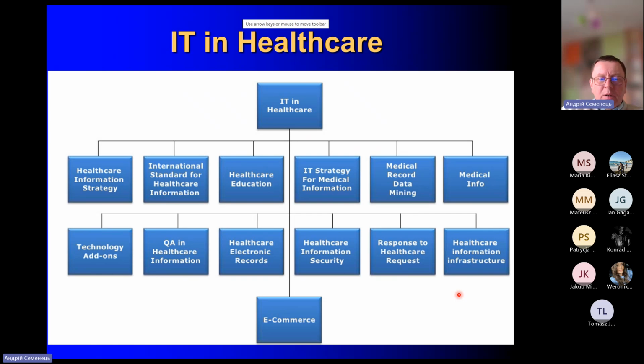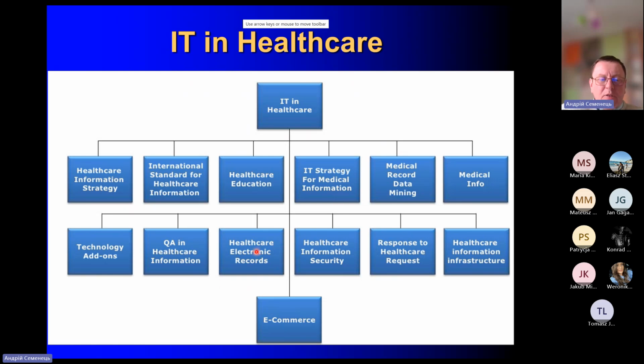Okay, and if we talk about information technologies as a scientific area and an area for implementing information systems in healthcare, we have plenty of applications. First of all, working with electronic health records.